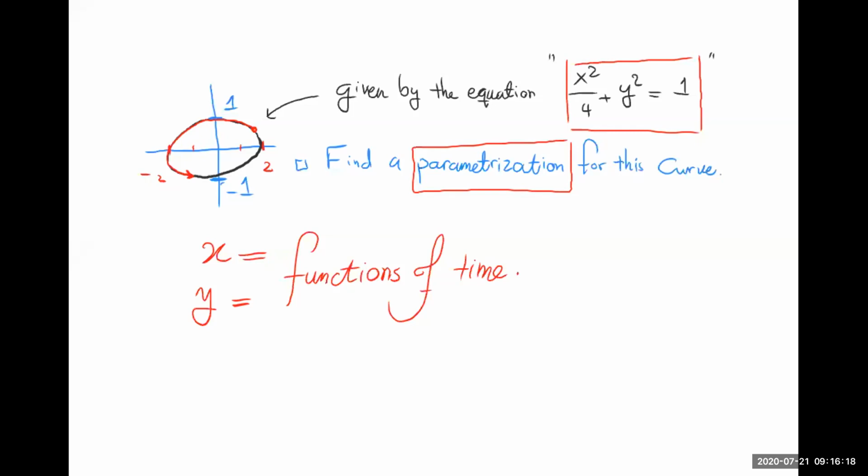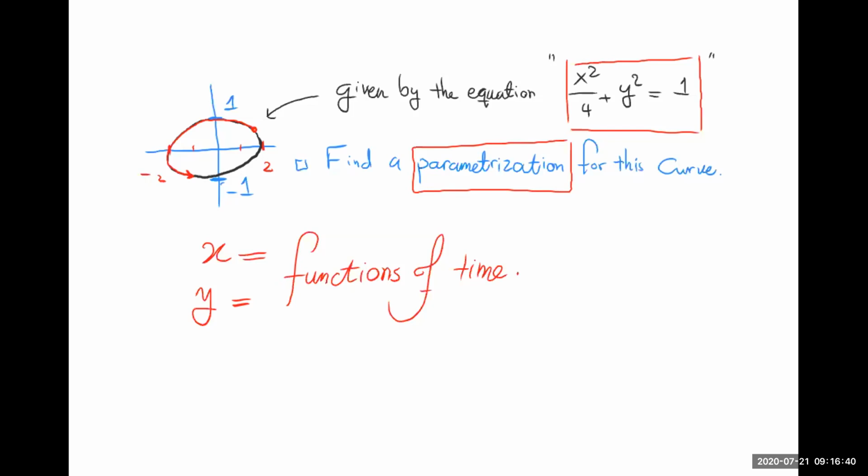And parametrization means you should give me x and y as functions of time, which means you should tell me where we are, what is x and what is y at each time t. Well, the idea to do this is completely similar to the previous one.